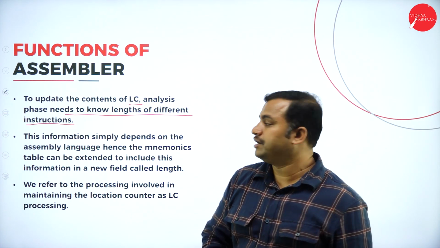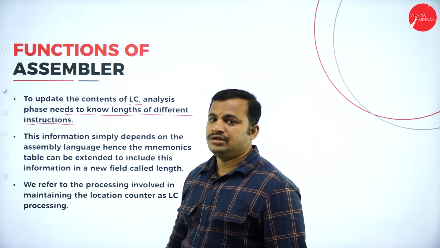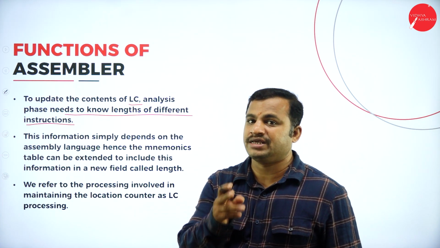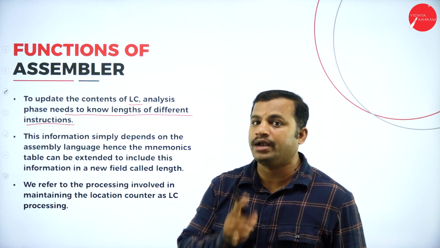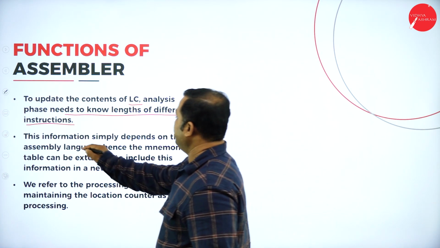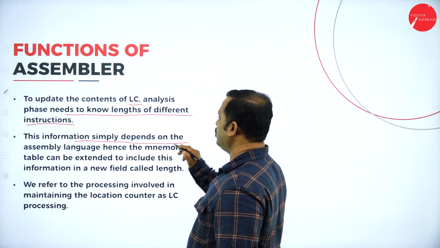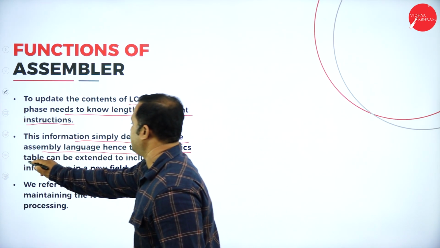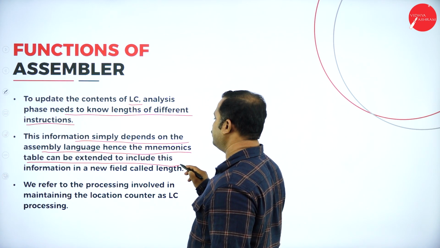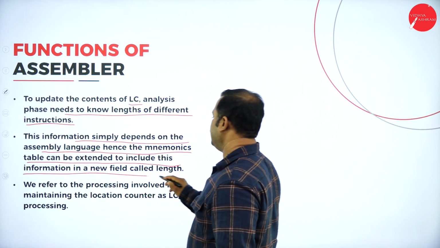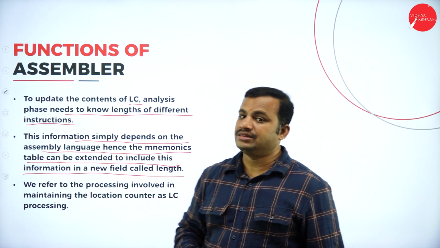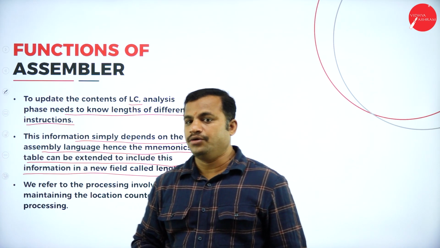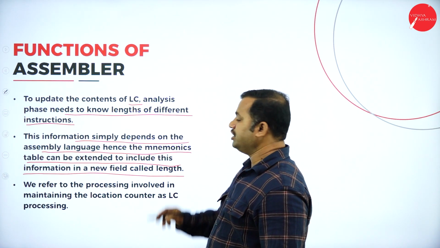That has to be determined by the location counter during the phase of analysis, that is, during pass 1. This information simply depends on the assembly language used. Hence, the mnemonics table can be extended to include this information in a new field called length. Now, in this case, we have mnemonics.